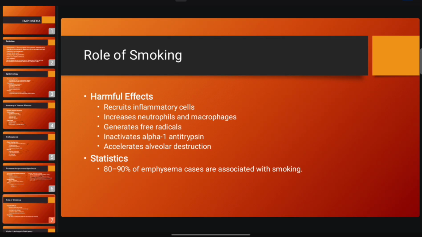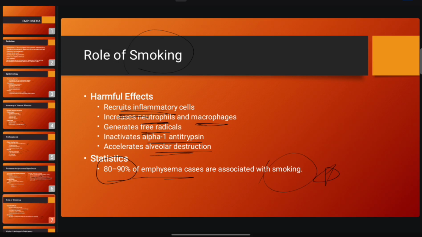Now we talk about the role of smoking. The harmful effects are: it recruits inflammatory cells, increases neutrophils and macrophages, generates free radicals, inactivates alpha-1 antitrypsin, and accelerates alveolar destruction. And if we talk about the statistics, 80 to 90% of emphysema cases are associated with smoking. That's why I talked about the risk factors.